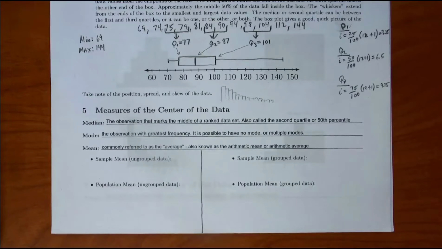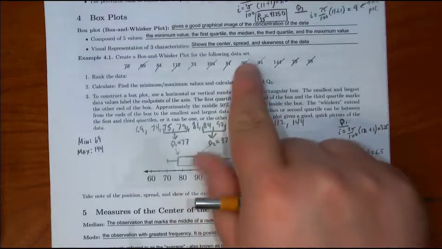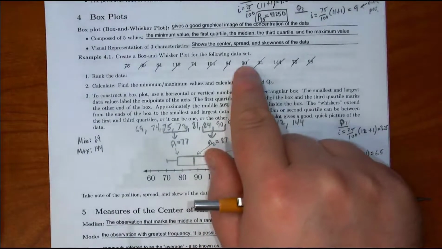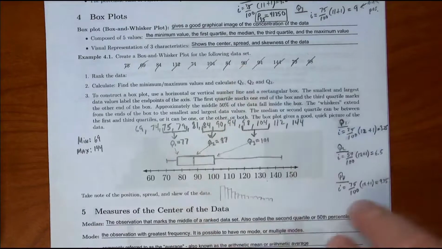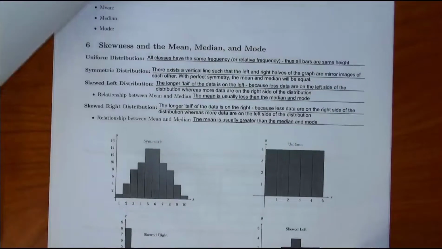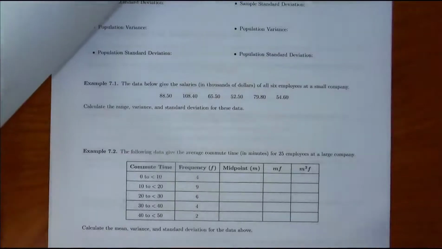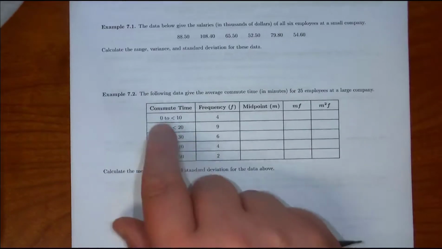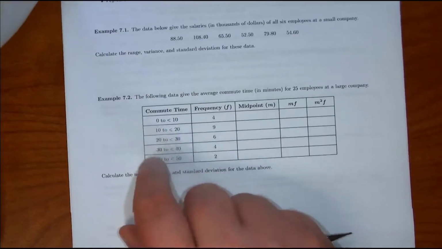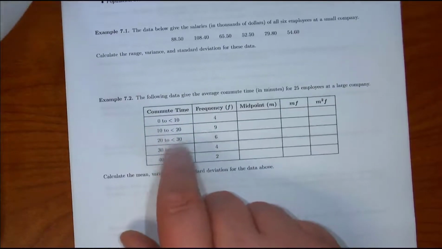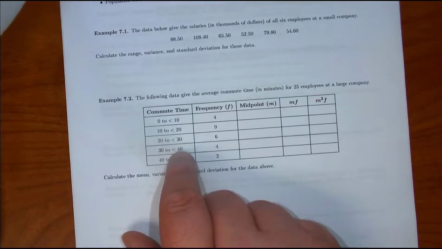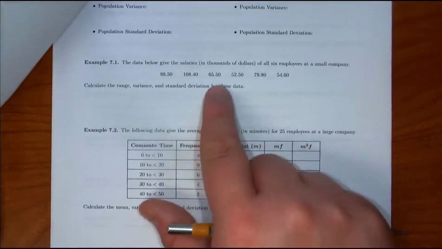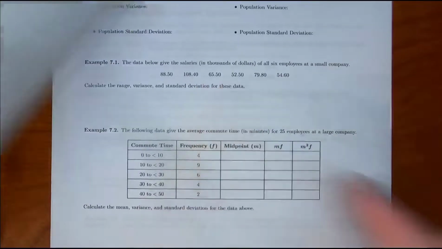That's grouped data. Ungrouped data is just when you have a list of numbers. Here's an example. Grouped data like this: whenever you have a class with ranges like so, that's grouped data. You have a chart like this. Ungrouped data, you just have a list of numbers.